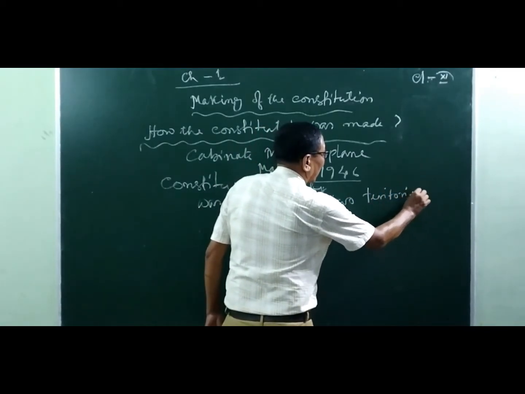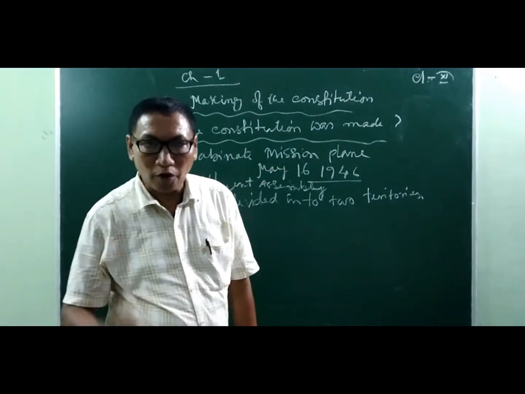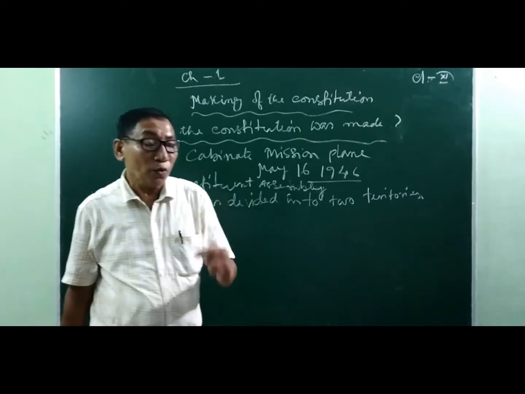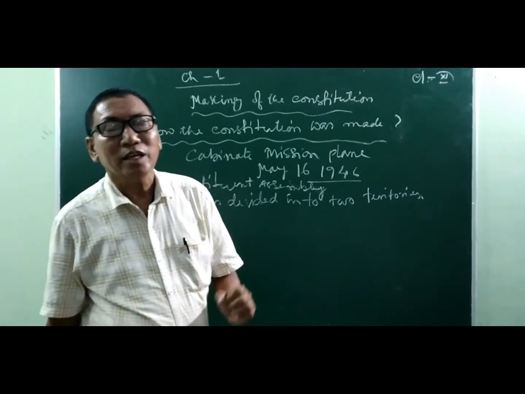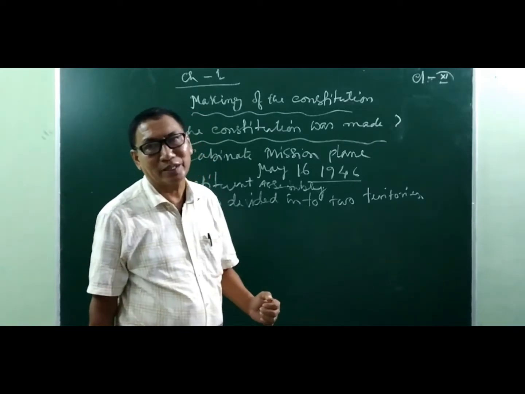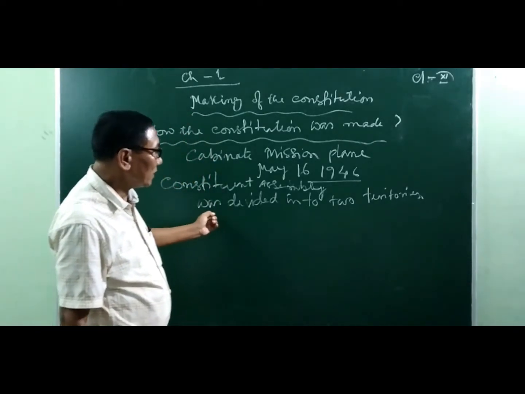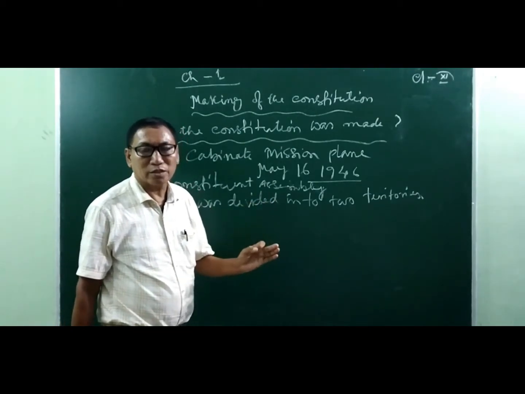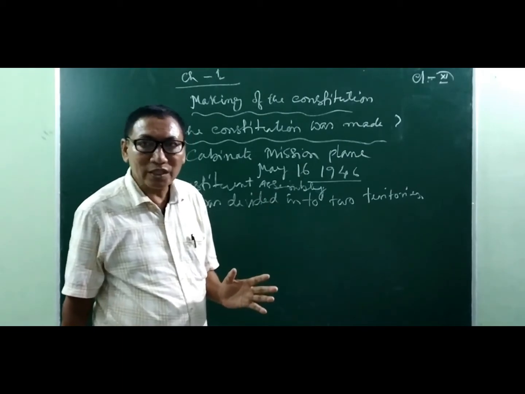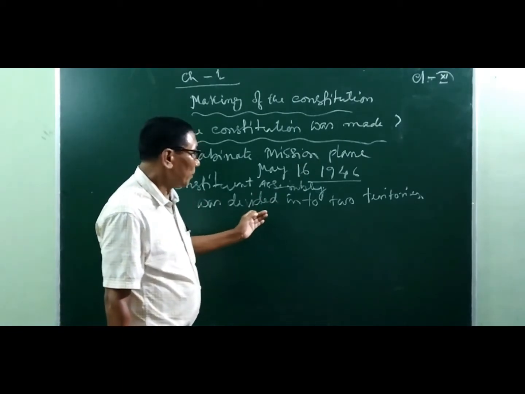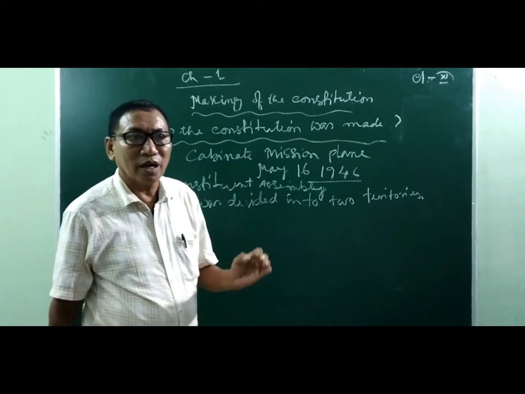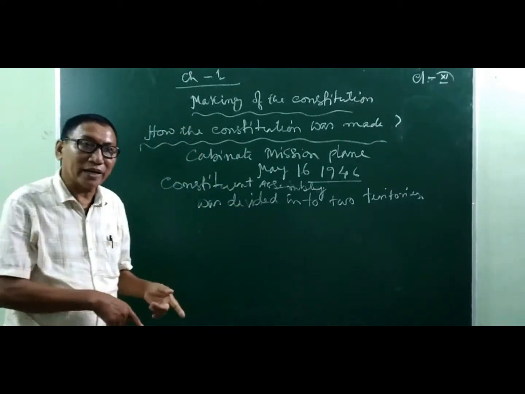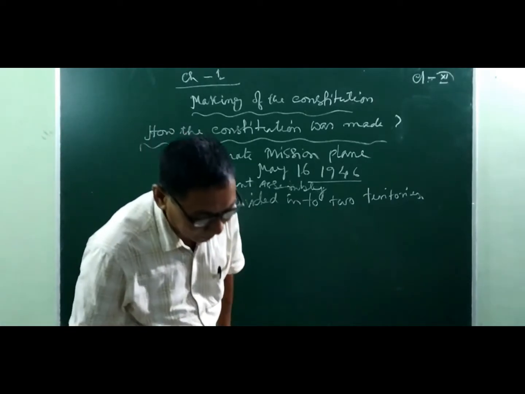One is called province, as I said already, that means the state right now, which was ruled by the British government directly. Provincial territories were ruled by the British directly. And the princely territories were ruled by a prince, that is, indirectly ruled with the British rule.